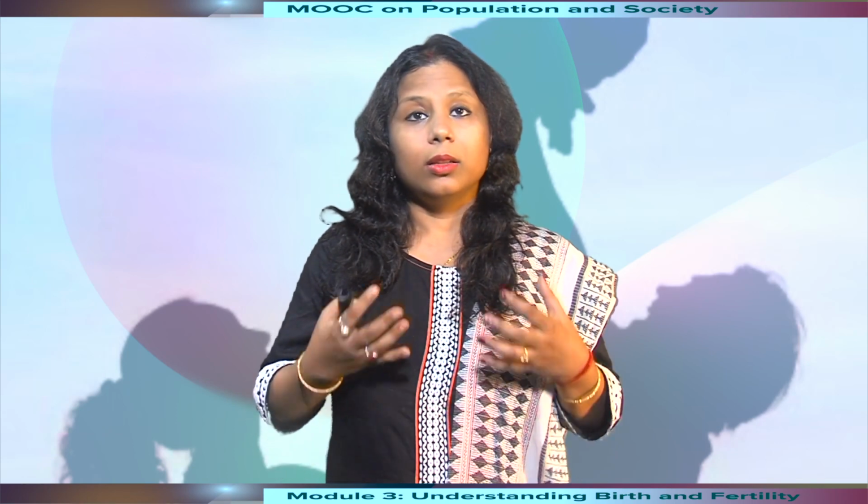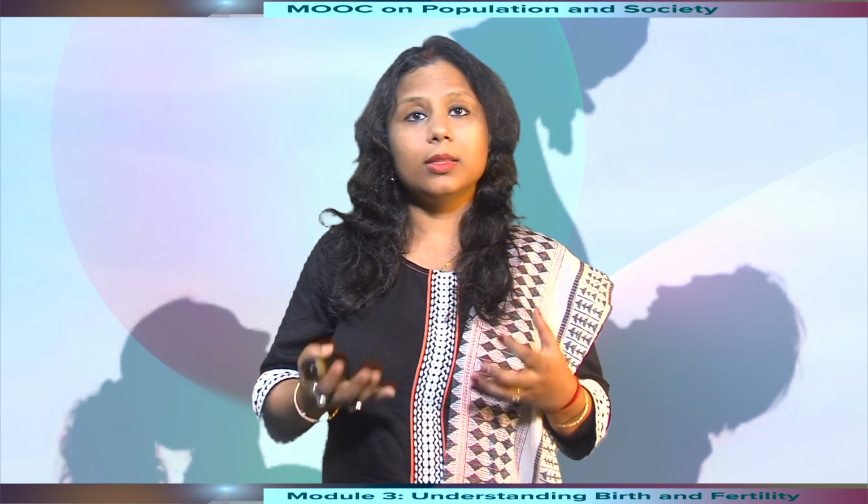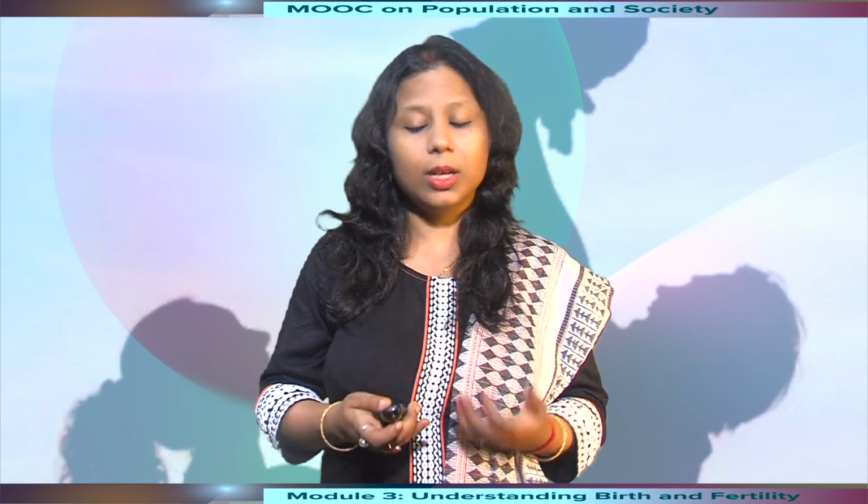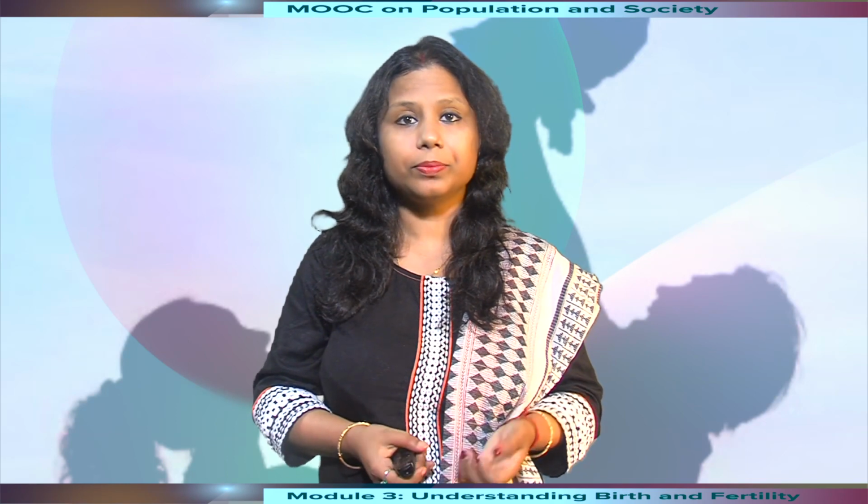However, with the increasing age, the fecundity of a woman tends to slowly decline. Thus, a woman who marries at a later stage is likely to have fewer children because the fecundity of a woman decreases with age. However, there is no such limit in the case of men.